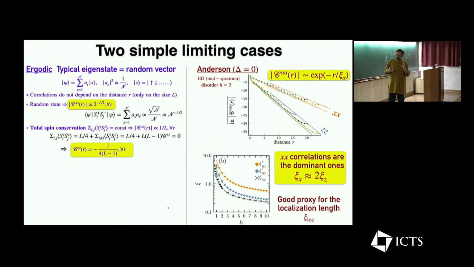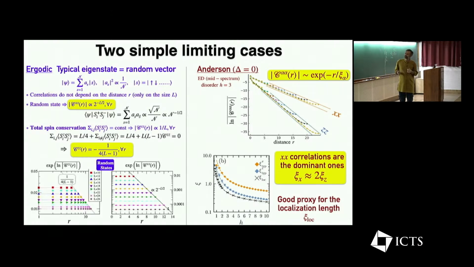Taking the fact that, again, the correlations don't depend on the distance, all these objects are basically the same. So you have a sum of L squared terms, and in one line you find that this CZZ goes like 1 over L, basically. So we have an algebraic versus exponential decay for the correlation.